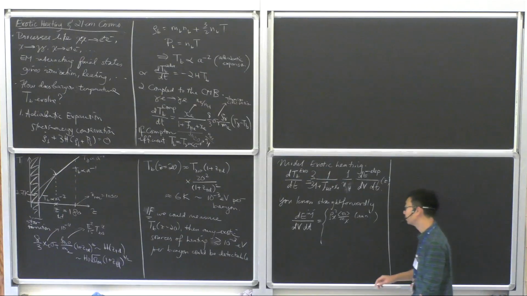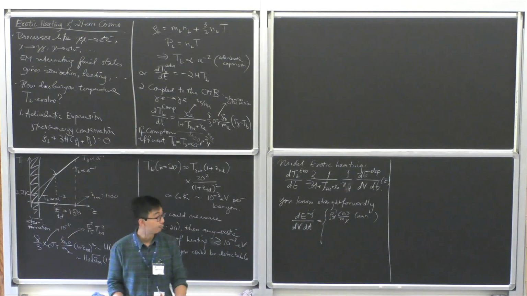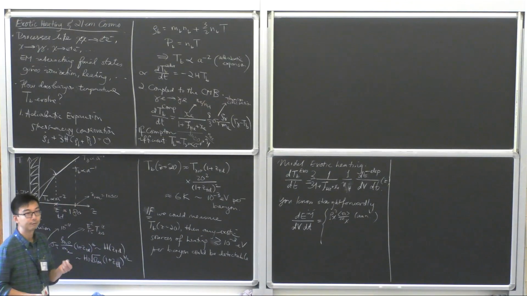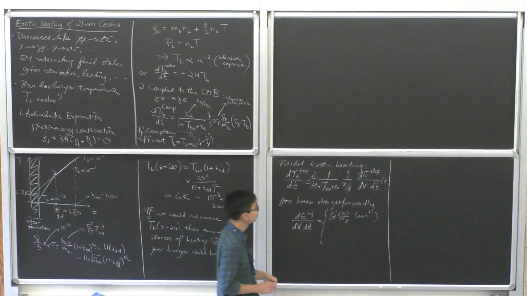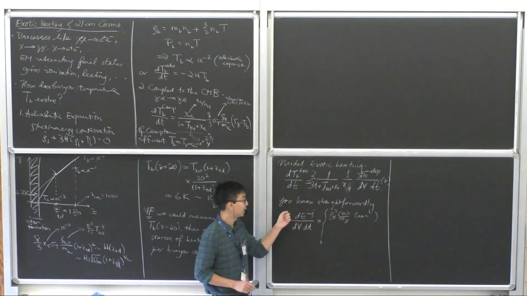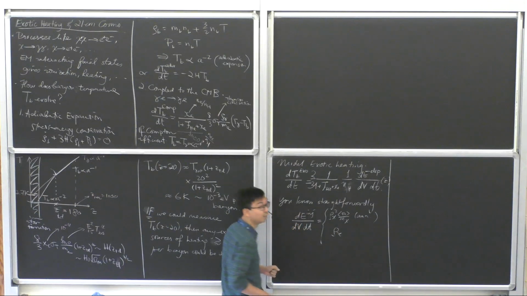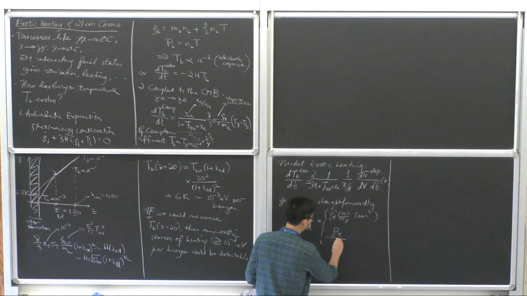If you think about how decay works, if your decay lifetime is very long, then the fraction of dark matter that decays in some time t is roughly given by t over the lifetime. Okay? And so the rate at which energy per unit volume is deposited is just the energy density of dark matter divided by the lifetime.